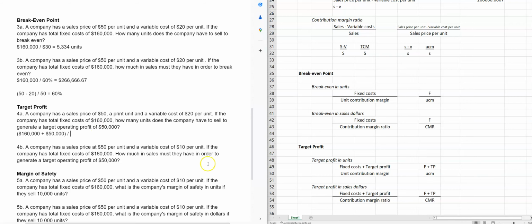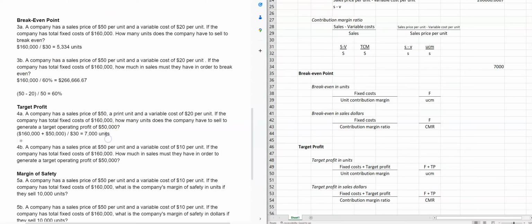And we're going to divide that by our unit contribution margin. I'm going to assume that by now we very easily know how to find that. So I'm just going to divide by the $30 unit contribution margin. Okay, let's do the math. 7,000 units.